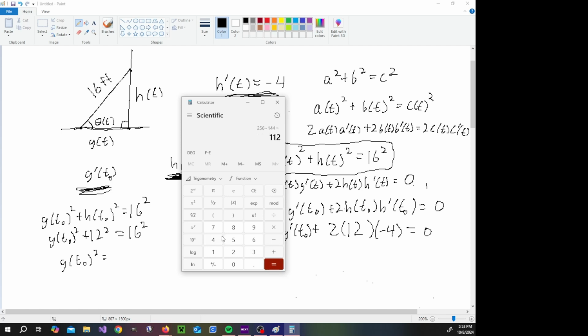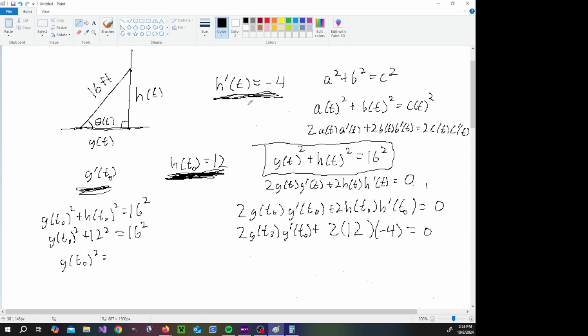And when I take the square root of that, I get about 10.58. So I already skipped over some of the work. We take the square root and we get g of t naught is about 10.58.